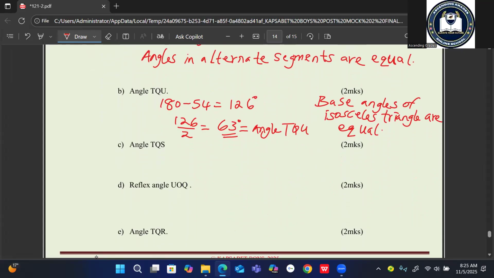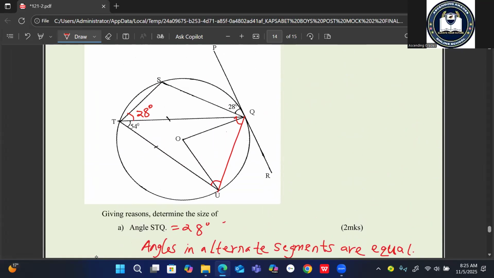So we go to part C, angle TQS. We are told to find the size of this angle.